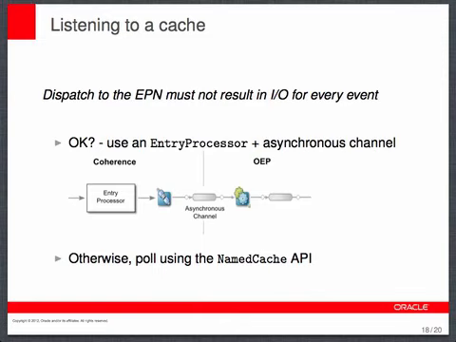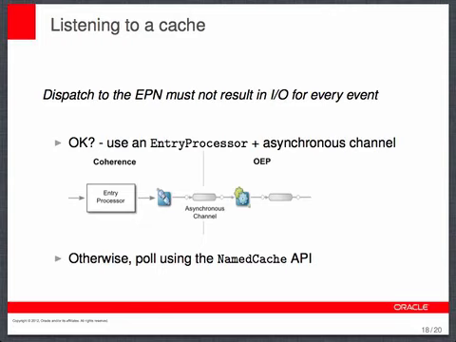It's okay if 1 in every 1,000 blocks for a little while, but if it's one-to-one, then even if you put an asynchronous channel in between, so that you're doing that handoff between a Coherence thread and an OEP thread, if this takes 10 milliseconds to process everything, then this blocking queue will fill up, and you'll start blocking Coherence threads, and that's bad news.